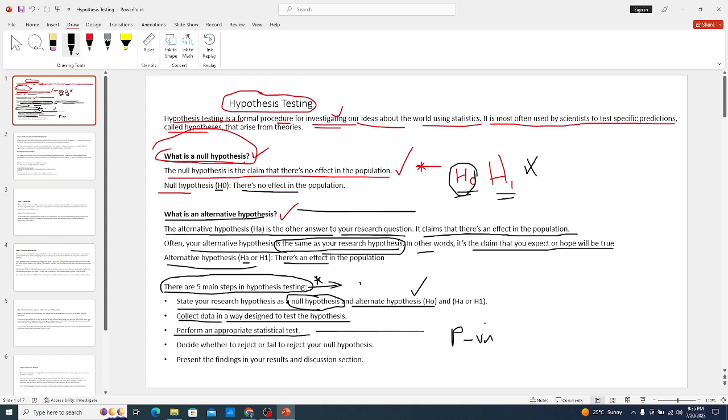Remember, if we are using the p-value of 0.05, and then in your alternative you get maybe a statistical significance of 0.002, definitely this value will be less than the p-value.